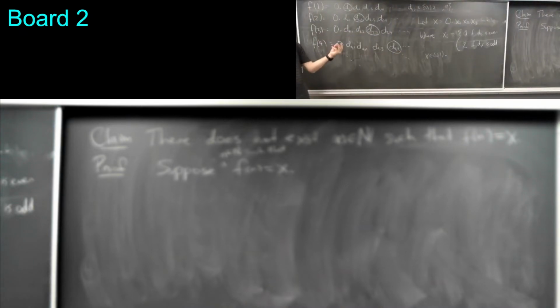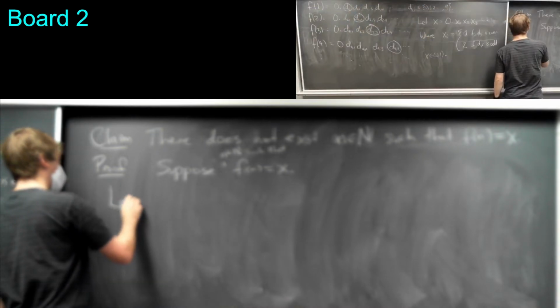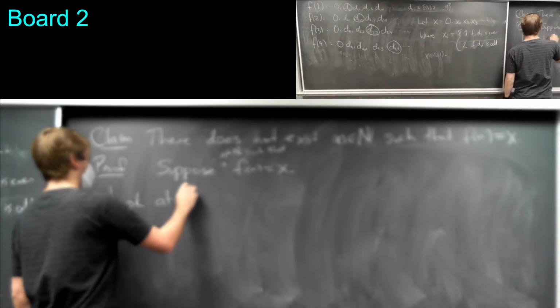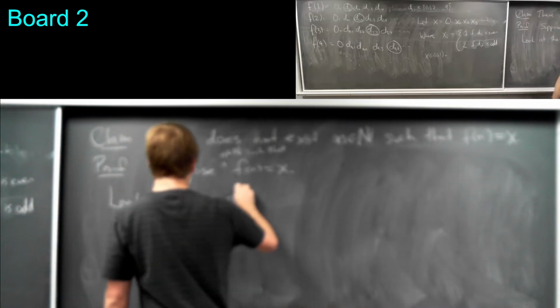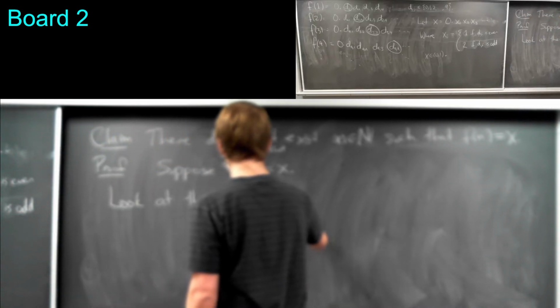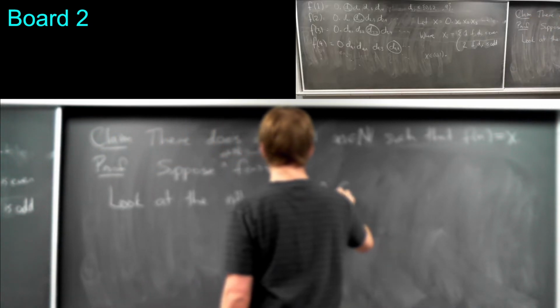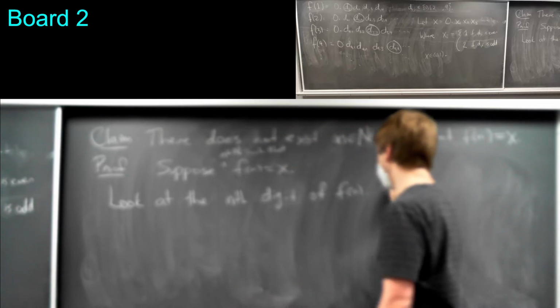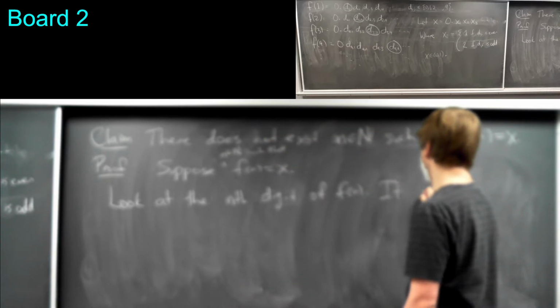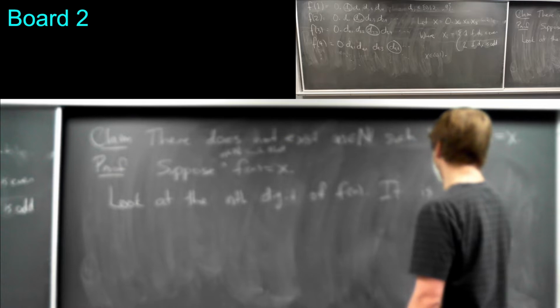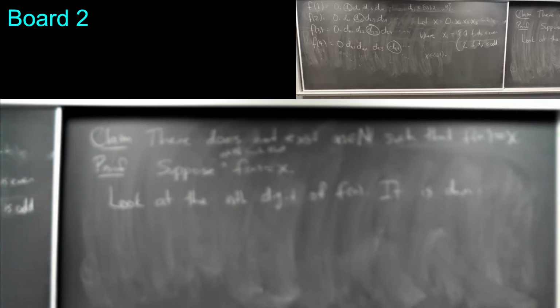If I look at the nth digit of f of n, by definition, it is d_nn. That's how I define d_nn. It's the nth digit of f of n.